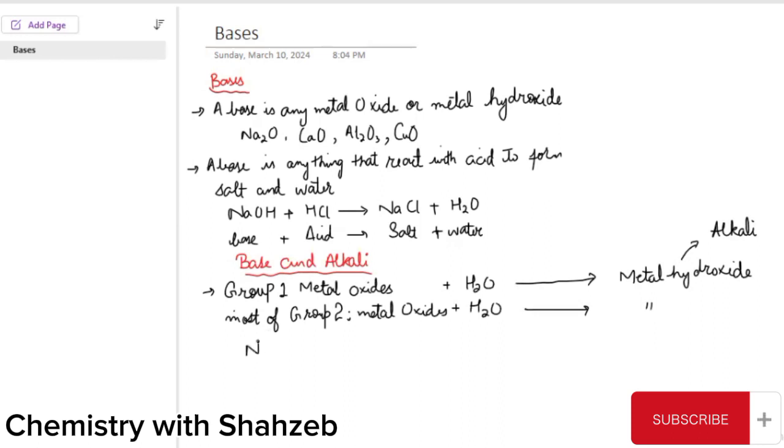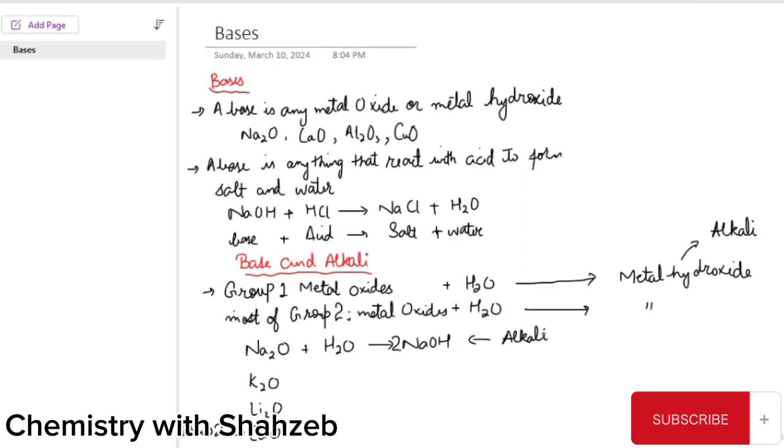For example, sodium oxide belongs to group 1, and we have potassium oxide, which belongs to group 1 as well, lithium oxide, group 1, and calcium oxide, which belongs to group 2. They dissolve in water and can form sodium hydroxide, which is basically an example of an alkali.